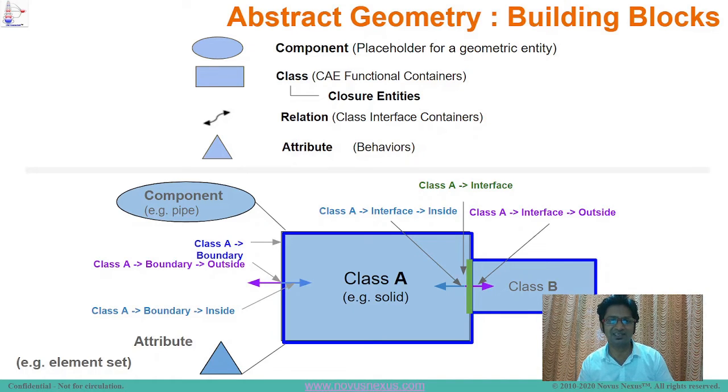That's the main difference between the traditional workflow and the CAENexus workflow. In the traditional one, we are directly setting up the physics on the CAE geometry, whereas in the CAENexus workflow, we are setting up the physics through attributes on the simulation classes.